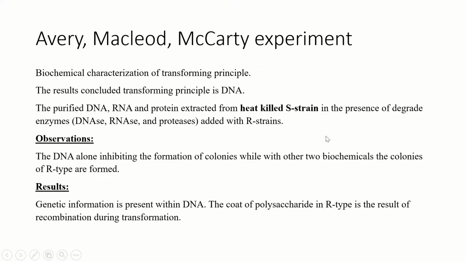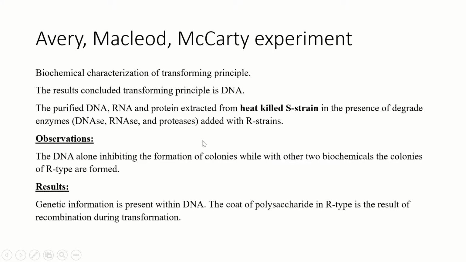And the observations that were made: when RNA and proteins were added with R strains, the R strains were able to form the colonies. And third, with the DNA, they observed that DNA alone inhibited the formation of colonies. So this is how they were able to identify that DNA is the material which is the transforming principle.